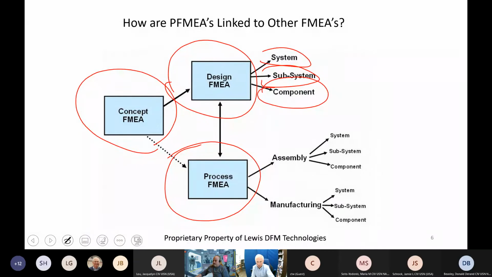And in the process FMEA, we further divide it into assembly and manufacturing, and then system, subsystem, and component level. And again, as we find things and address things that we see could have an impact or a failure path in design or even in functionality, we are obligated to share it and pass it along and mitigate that risk using the PFMEA process.